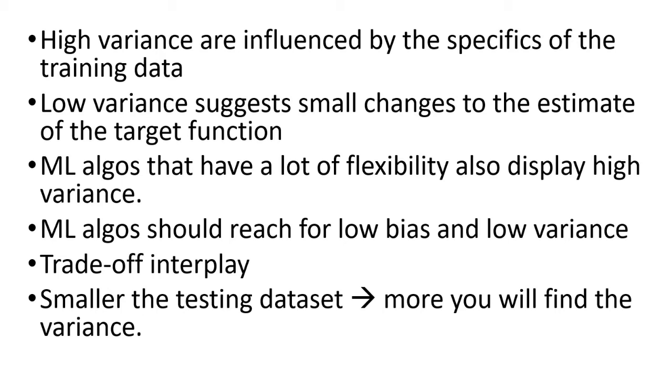Low variance suggests small changes to the estimate of the target function with changes to the training data set, whereas high variance indicates large changes to the estimate of the target function with changes to the training data set.